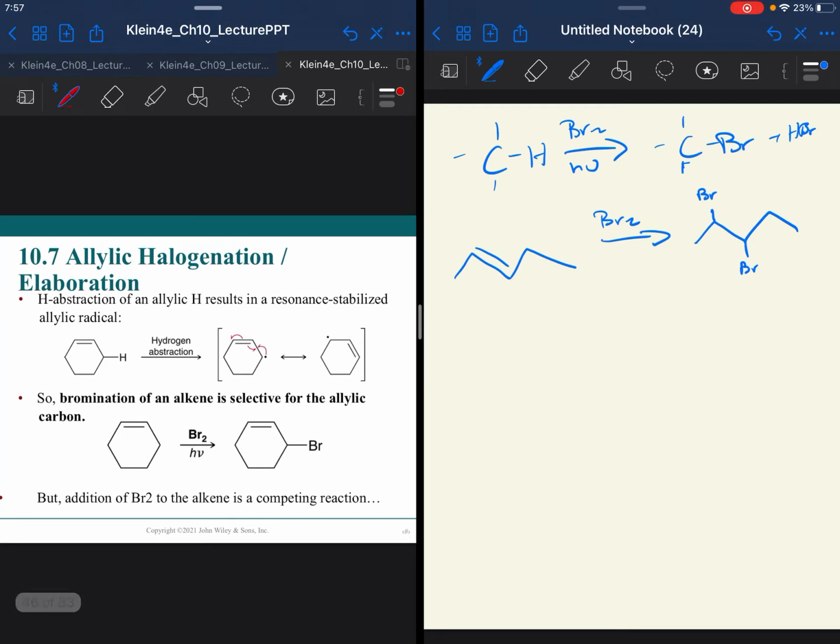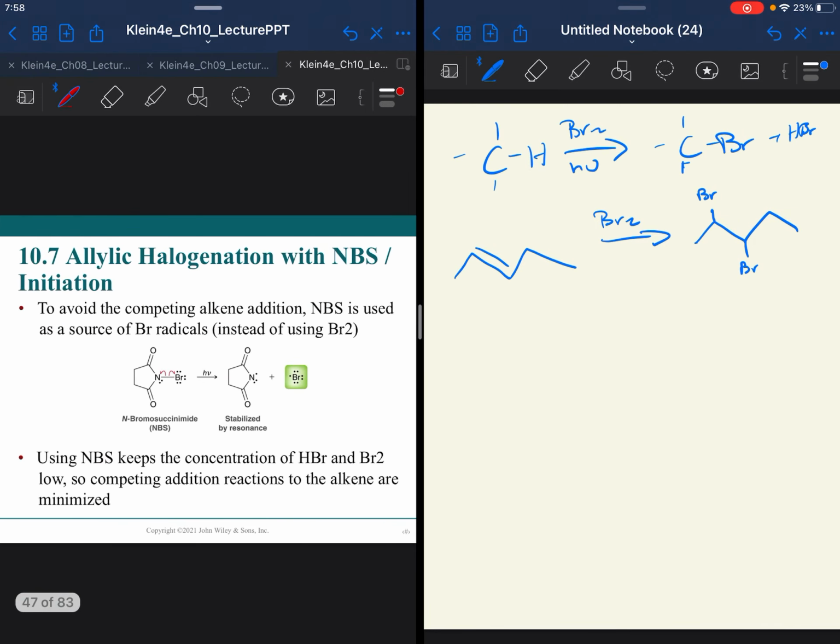So when we think about this reaction, let's say this is what we want, but we know that the addition of Br2 to the alkene is competing. We have to come up with an alternative solution, and that is to use N-bromosuccinimide.